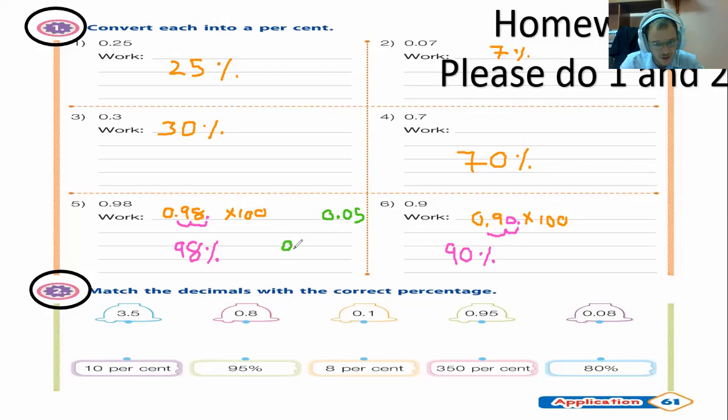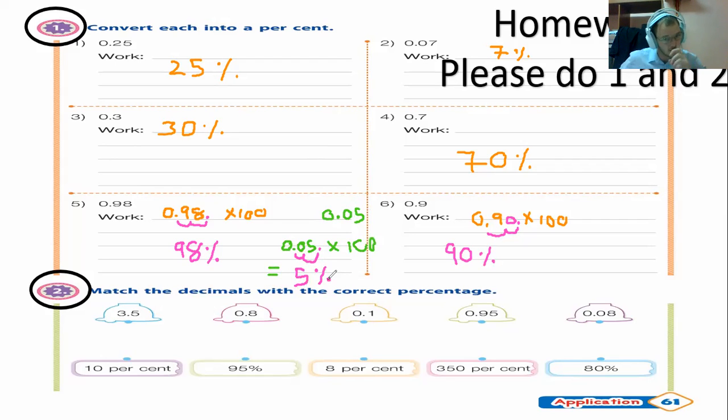We will take 0.05 multiply by 100, just as we would for anyone else. And then again, we have to move the decimal point. The decimal point moves past the 0, past the 5. So we don't write 0.5, we just write the 5 as a percentage.